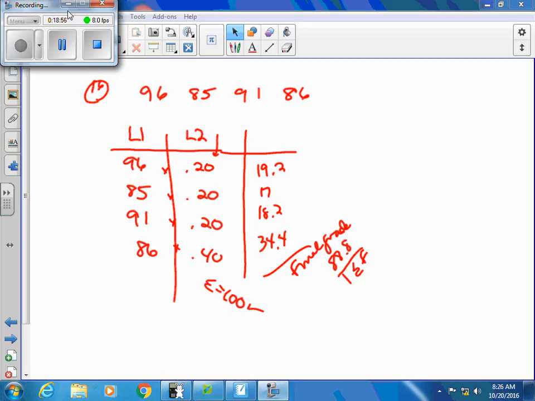Okay, take a look at number 21. Let's see if I can grab this graph up here.